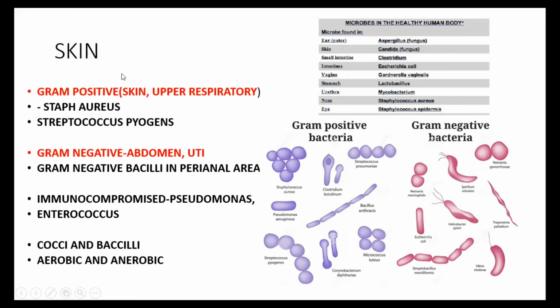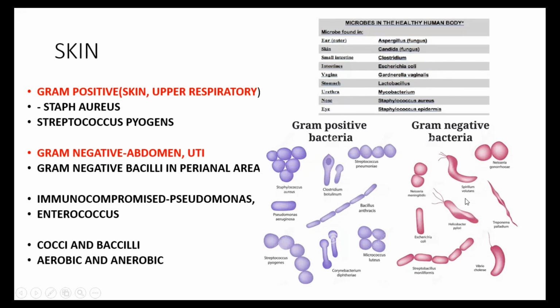Common gram-positive bacteria cause skin and upper respiratory tract infections. For example, Staphylococcus aureus and Streptococcus pneumoniae will cause skin and upper respiratory tract infections. Gram-negative organisms mainly cause abdominal and UTI infections.